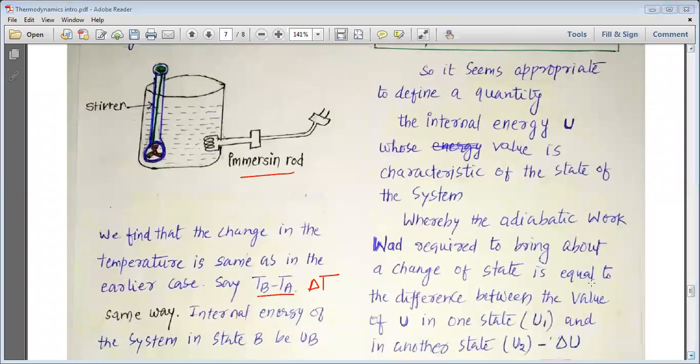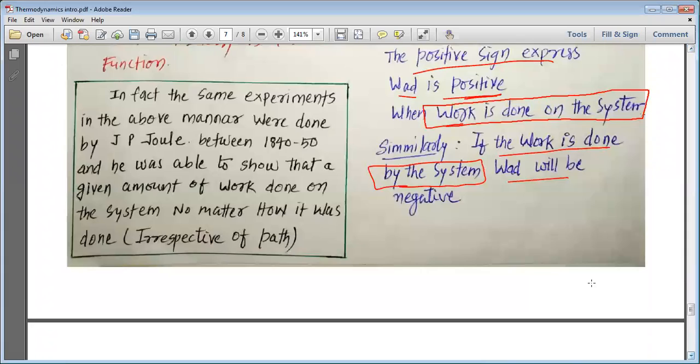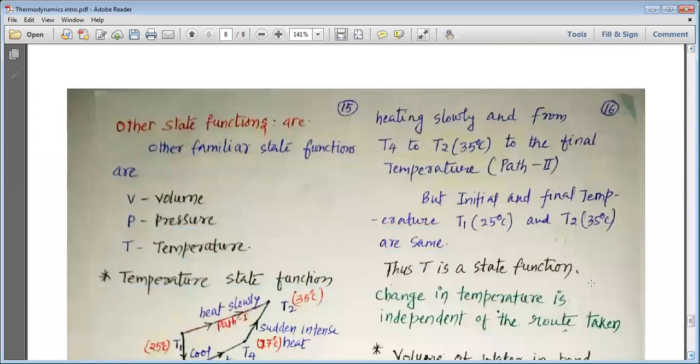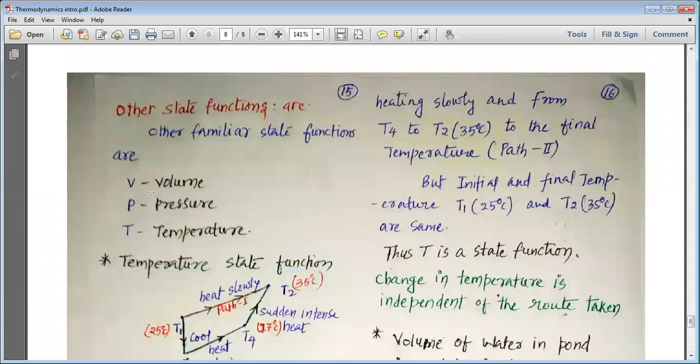The total change in internal energy is the same, and that is why the change in temperature also remains the same, and that is why we can say that the change in internal energy delta U, or internal energy U, is a state function, and that is what we have proved by this experiment. So it is a state function, and it depends upon the initial and the final state of the system, but it does not depend on how the work is done, whether we have done the electrical work or the mechanical work.